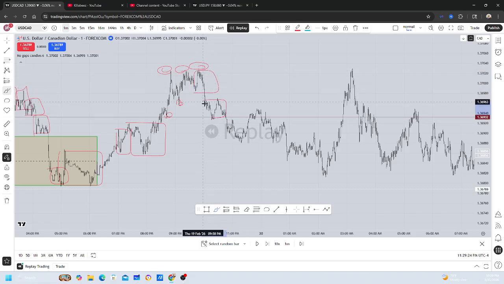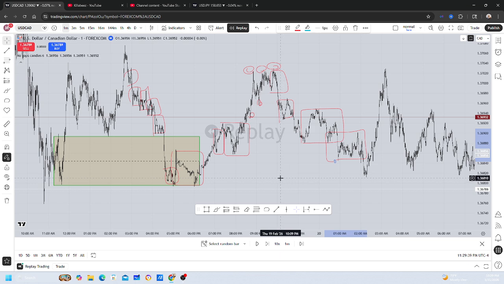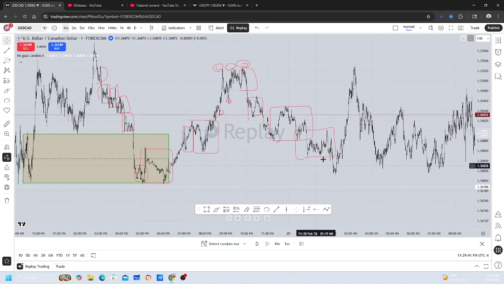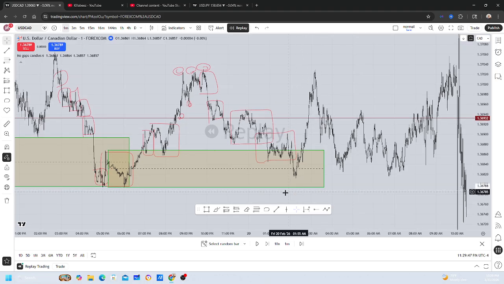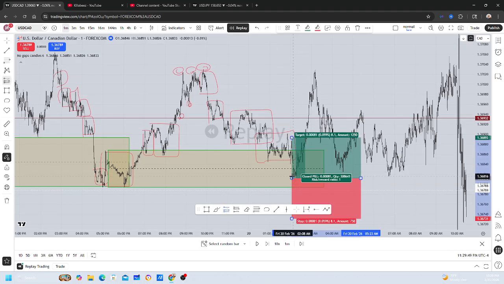1, 2. This got negated. So all of this is 3. Then this is 4. Right? 4 swings. We trade into this zone here. It trades up. Right?